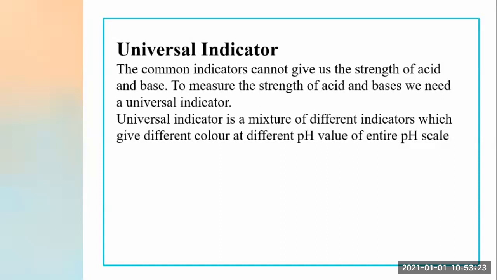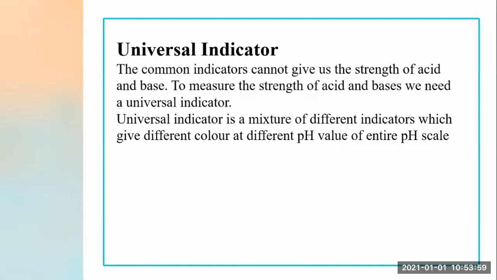Now, whenever we perform this activity in school, we take a test tube in which we take the substance whose nature we want to see, and we add 4 to 5 drops of universal indicator to it. We shake it and we see some change in color. When we see that color, there is a scale known as the pH scale, so that color is matched with the pH scale.